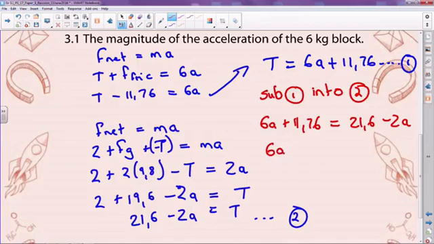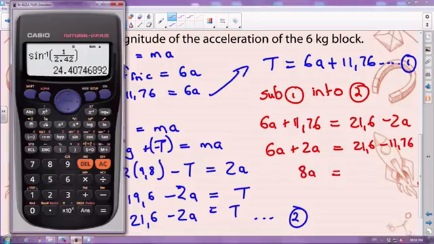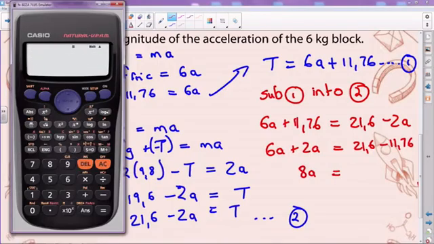Gather all my like terms. So it's going to be 6a plus 2a equals 21.6 minus 11.76. So 8a equals, now I'm going to need my calculator for this because I can't do this one in my head. I don't trust my head today. 21.6 minus 11.76, and I'm going to get an answer of 9.84.